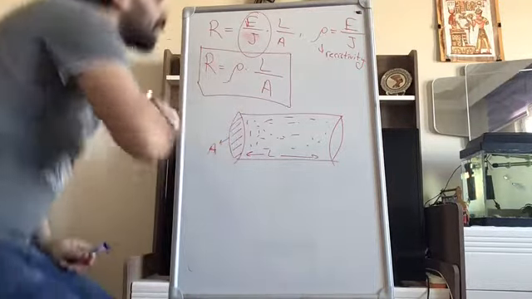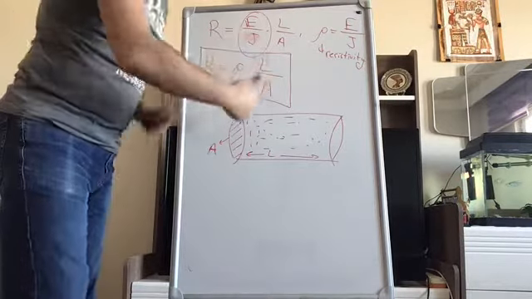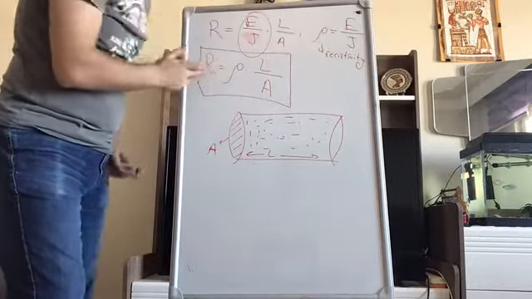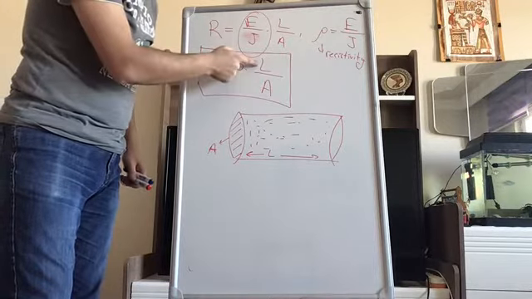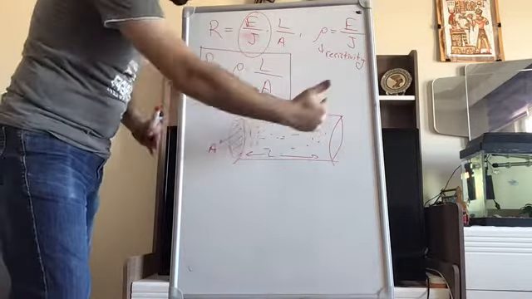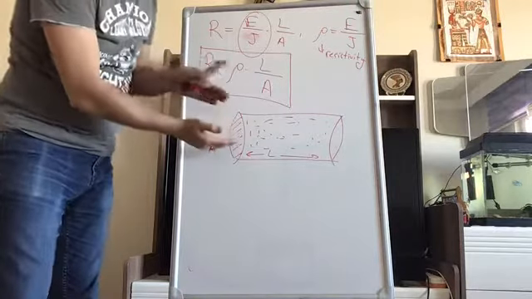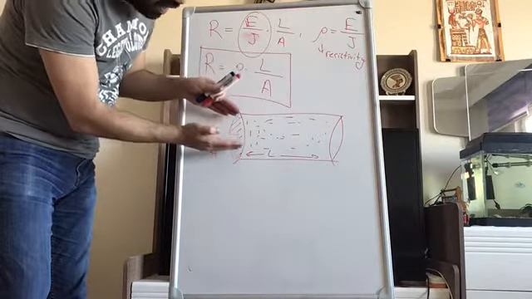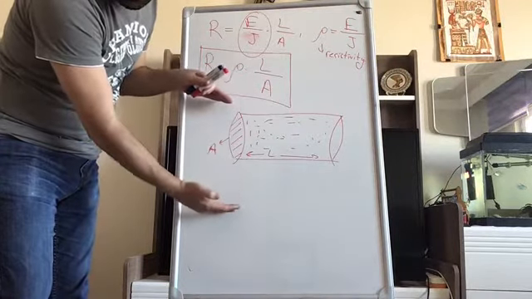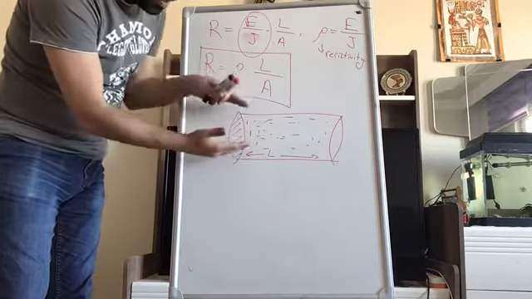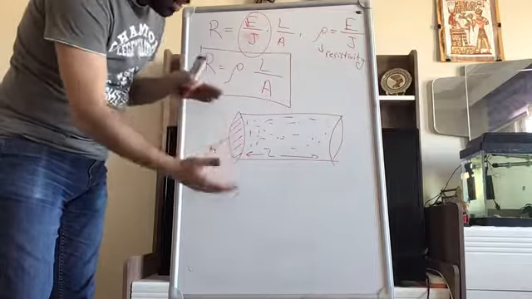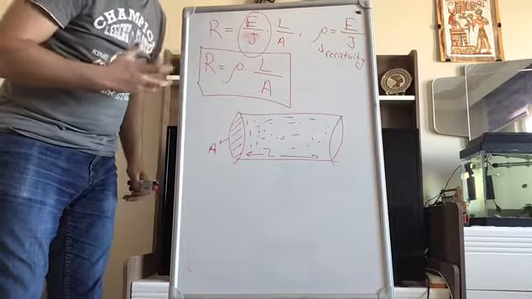So rho is here, but if you have a longer wire, it means the resistance will be greater, because resistance is directly proportional to the length of the wire. If you enlarge the cross-sectional area of this wire, the resistance will be reduced, right? With a larger, thicker wire, you have less resistance.